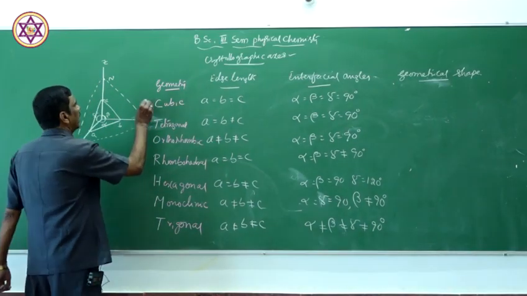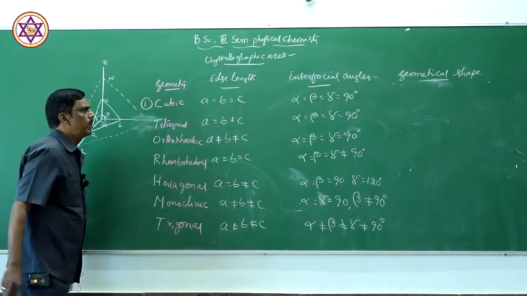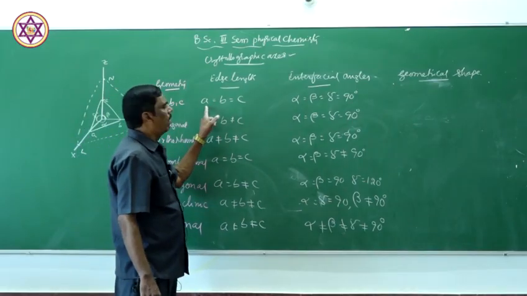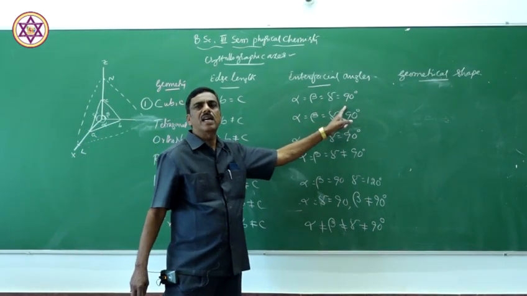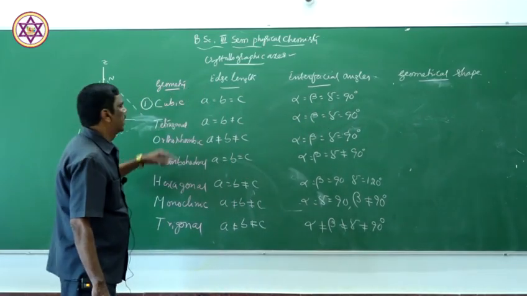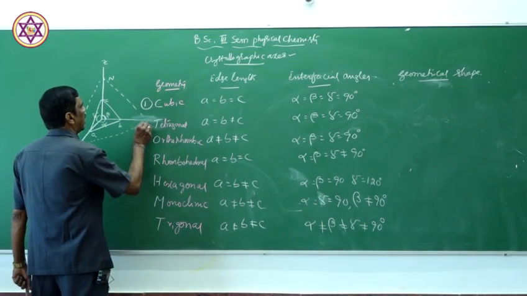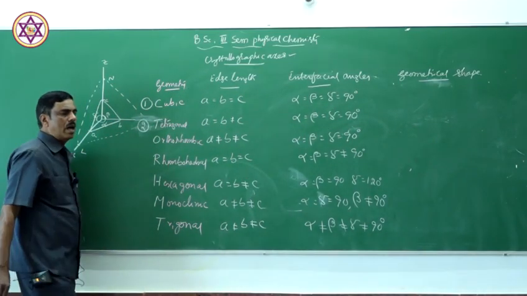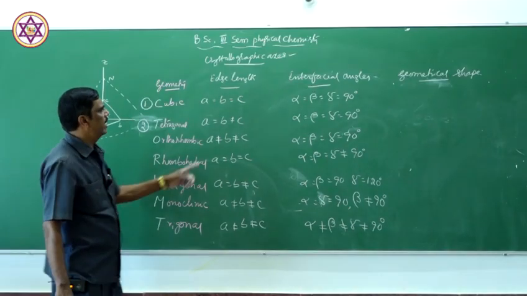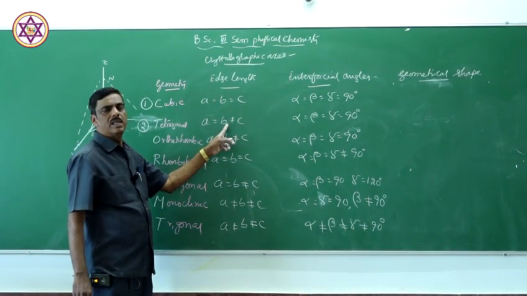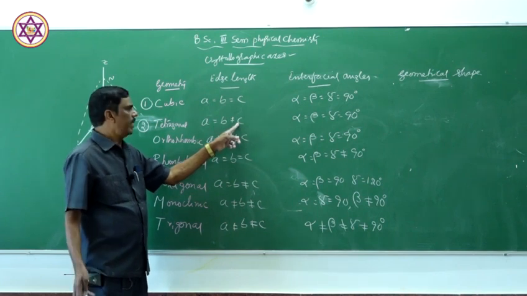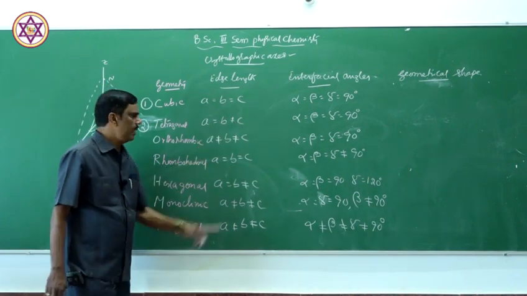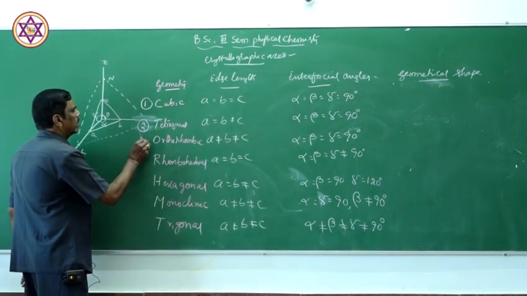Number 1 is cubic. In this cubic shape, all the edges are equal and all the interfacial angles are equal. That is cubic lattice, cubic geometrical shape. Another one is tetragonal. Here all of them are equal except the edge length C. C is different from A or B. Orthorhombic geometry.